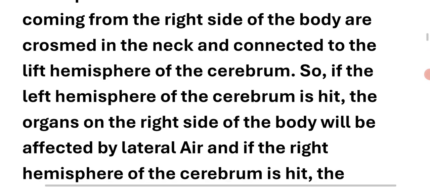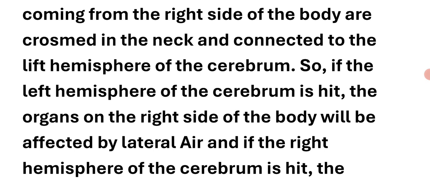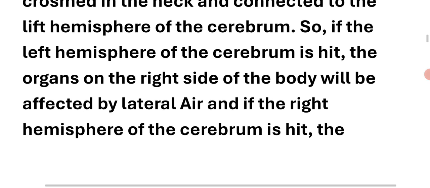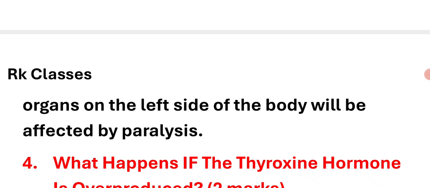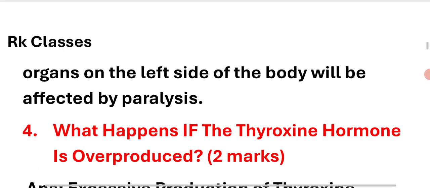So, if the left hemisphere of the cerebrum is hit, the organs on the right side of the body will be affected by paralysis, and if the right hemisphere of the cerebrum is hit, the organs on the left side of the body will be affected by paralysis.